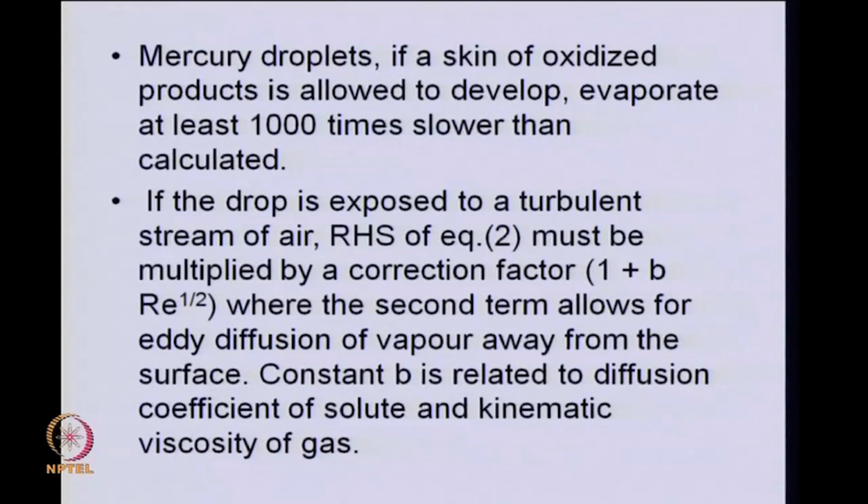Now, you can think of a slightly different scenario. If the drop whose evaporation you are considering is present in a turbulent stream of air, unlike what we have seen so far, where the gas phase resistance was given by a by D A, the radius of the droplet by the diffusivity in the gas phase. That is true only if the air around that drop is stationary, stagnant. If the air is present in turbulent conditions, one would expect the hydrodynamic factors to come into picture.